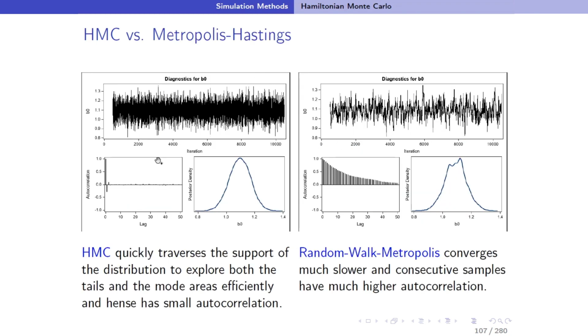To the left is Hamiltonian Monte Carlo, to the right is Metropolis, generated from a regression model. You can see that on the left the chain moves much more rapidly than on the right, even though they both converge to the same thing eventually, but the mixing is better in Hamiltonian than Metropolis.